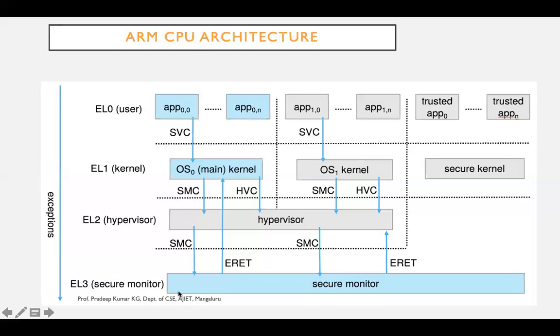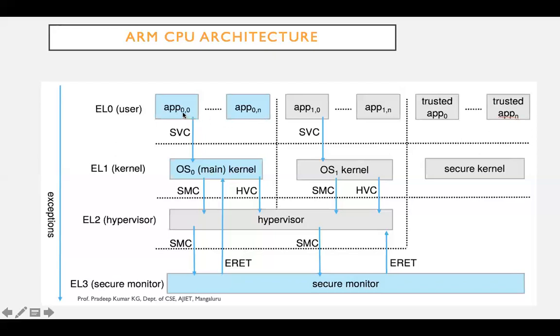So we'll see with an example. We'll come back to the topmost layer once again. So that is user level. With respect to user level, a user can install n number of applications on his or her own laptop or desktop machine. Now consider from the left hand side, just follow my cursor on the screen. Exception level 0, that is user level. So the user may install applications or apps from 0 to n.